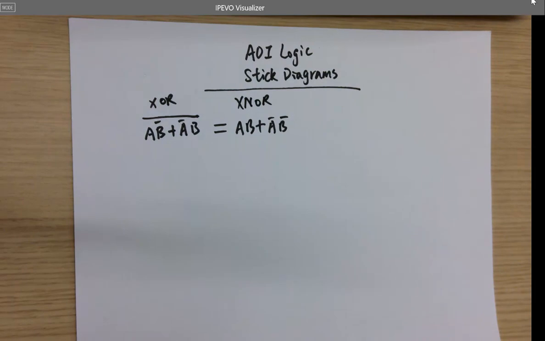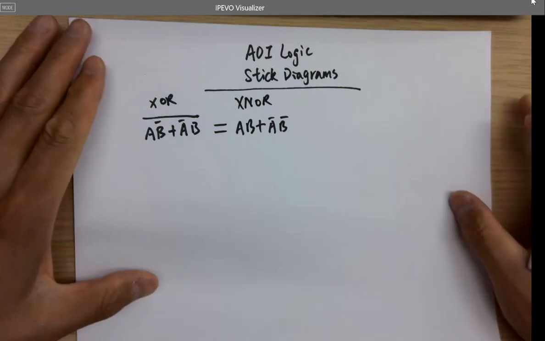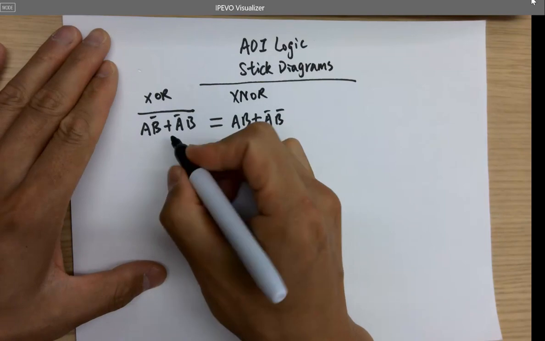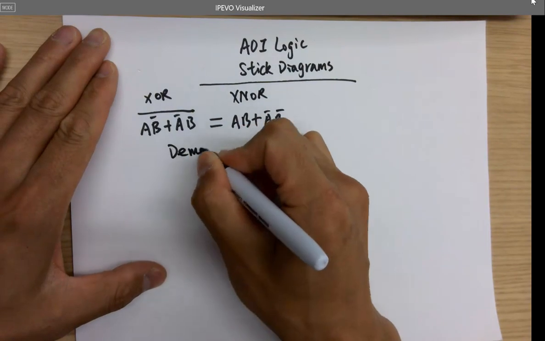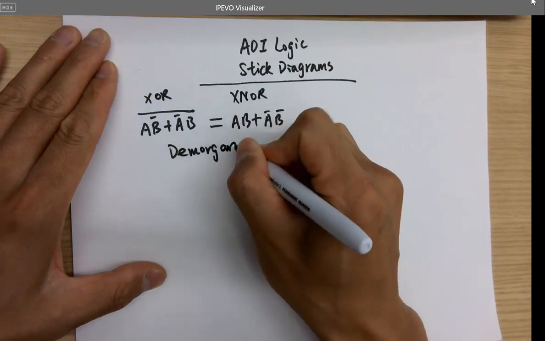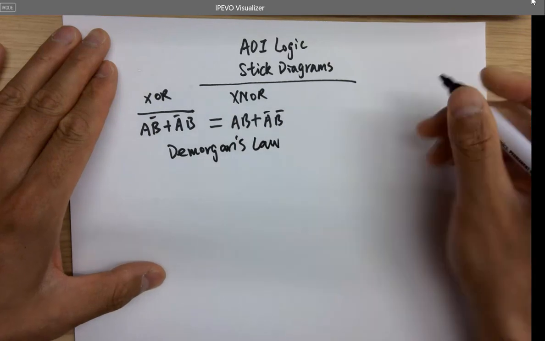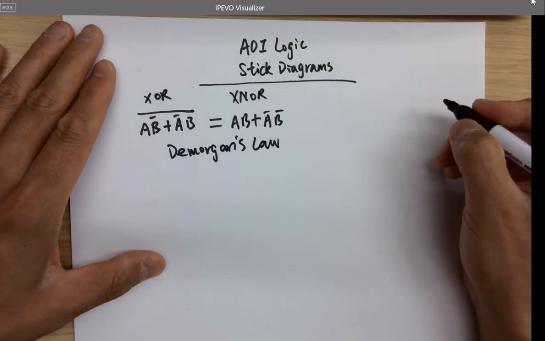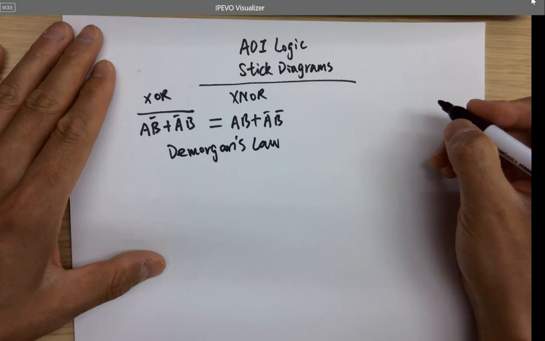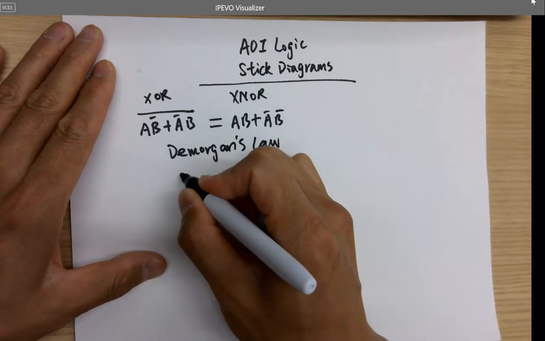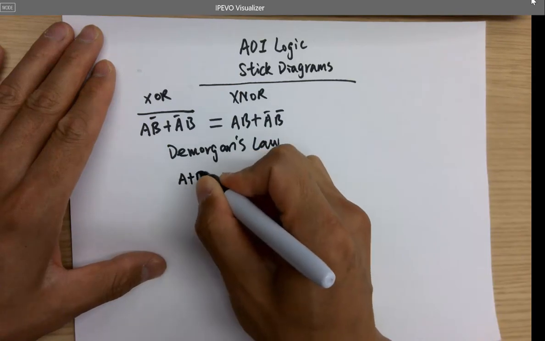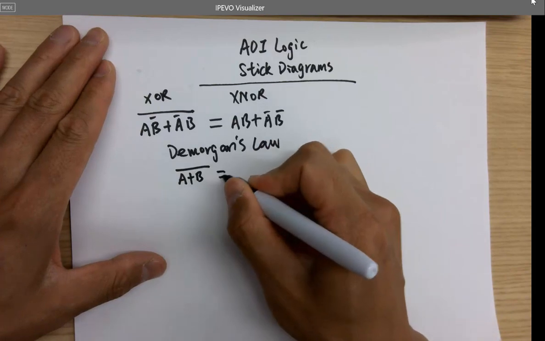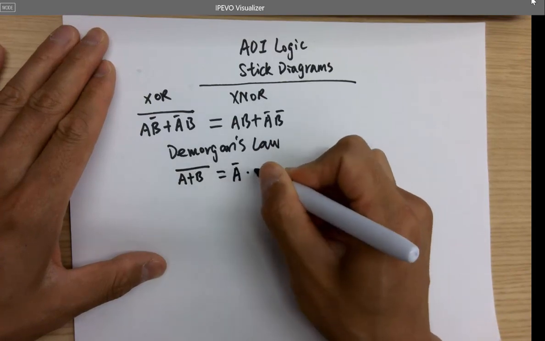How do you verify it? Do you remember De Morgan's law? A or B, not, equals A not and B not.